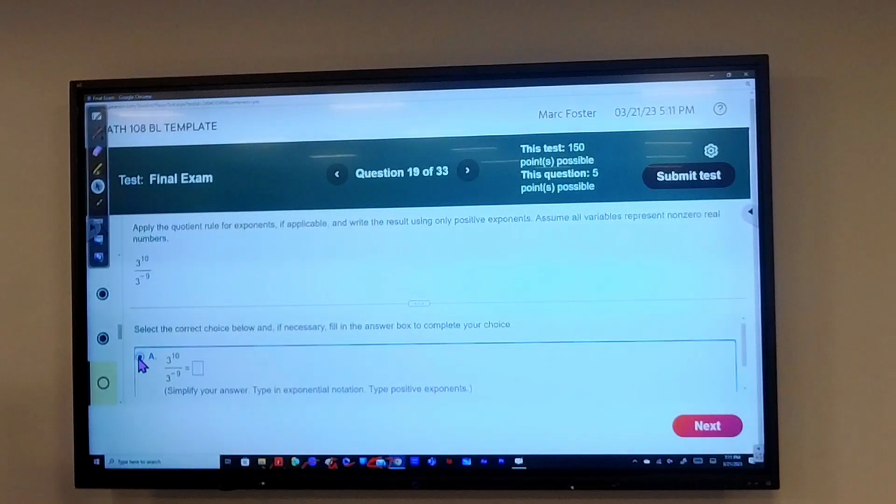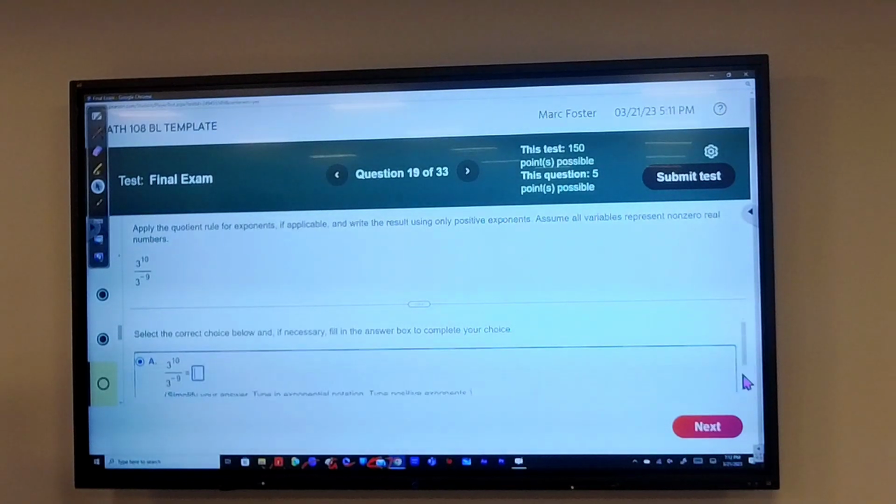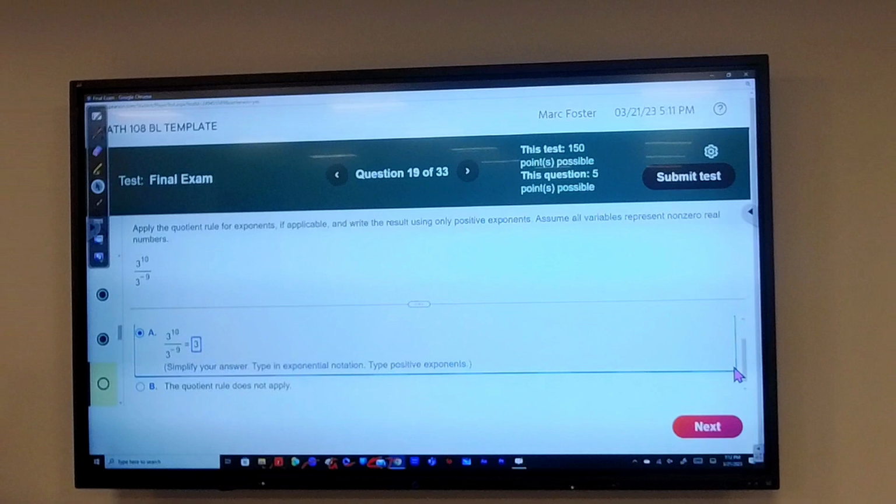This one they wanted simplified in just our notation. So what would it be? Three to the first.